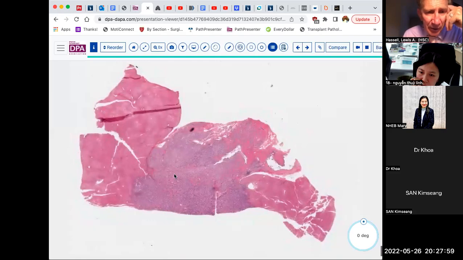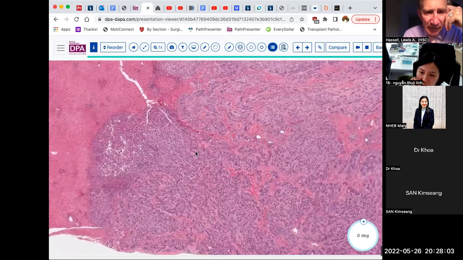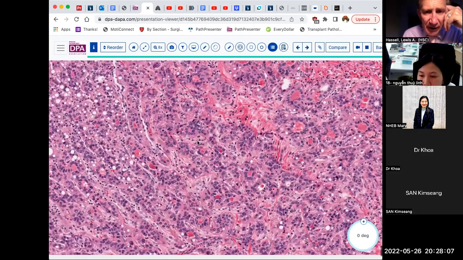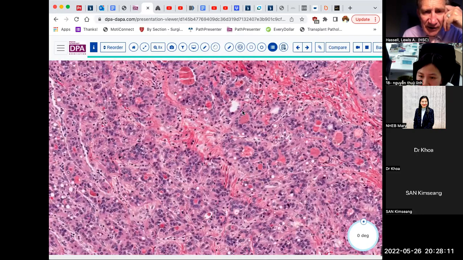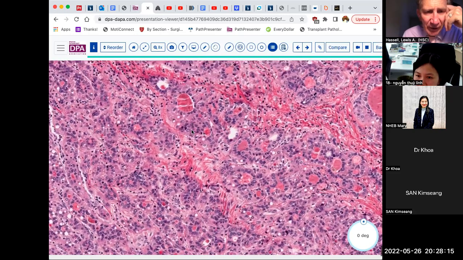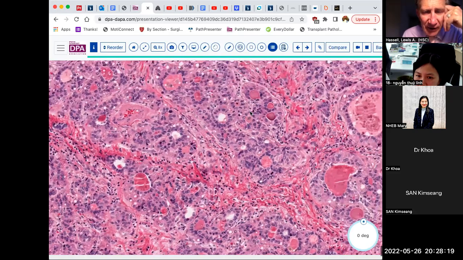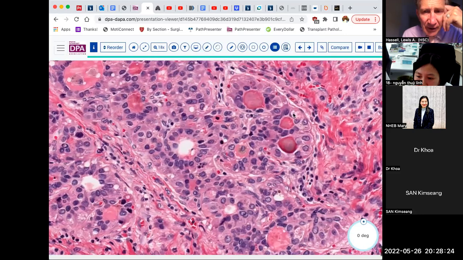Here's another example. Now, in this case, the nests are sort of rounded. They have some sort of reddish pink luminal content, and look a little bit different.